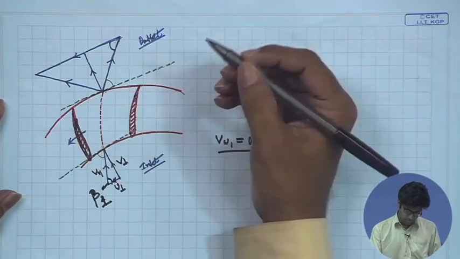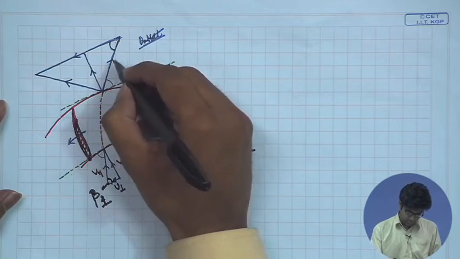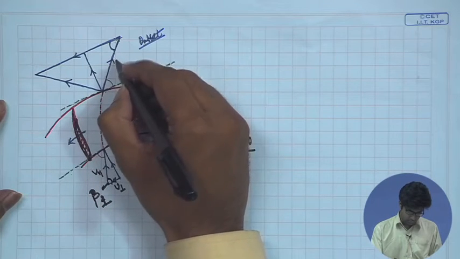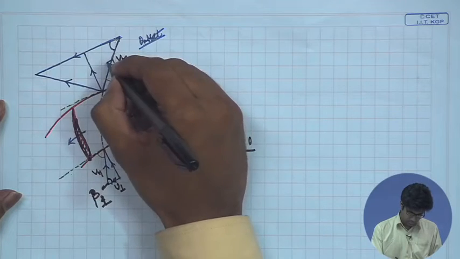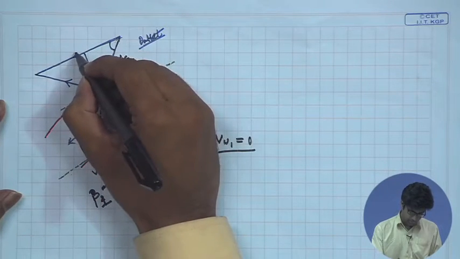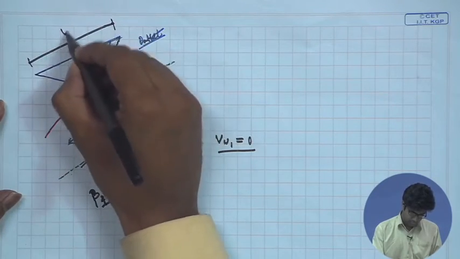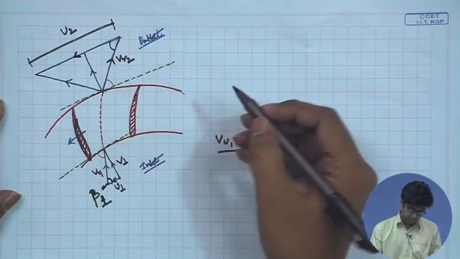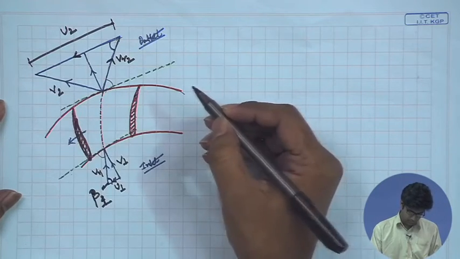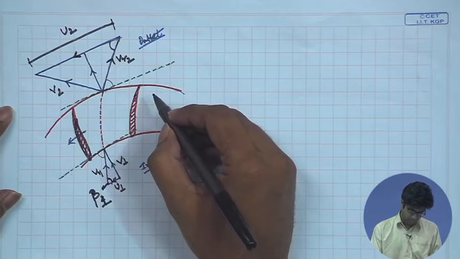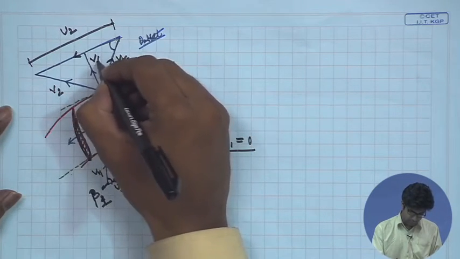Next, moving on to the outlet velocity diagram. Here you can see that this is the relative velocity at outlet, this is the peripheral velocity of the impeller blade at the outlet, this is the absolute velocity at the outlet of the impeller, and this is the flow velocity.